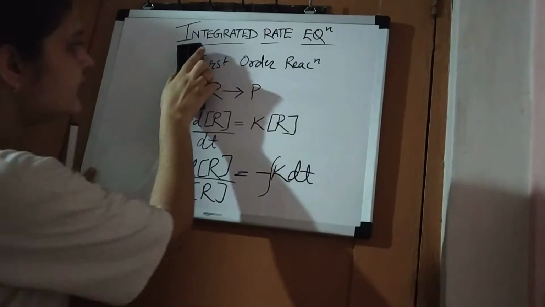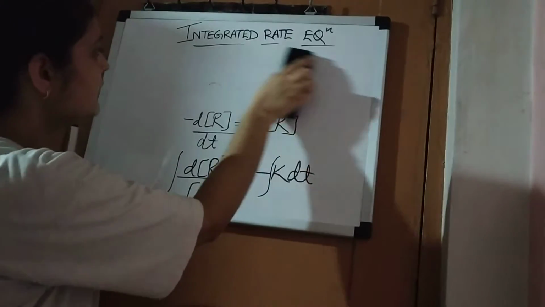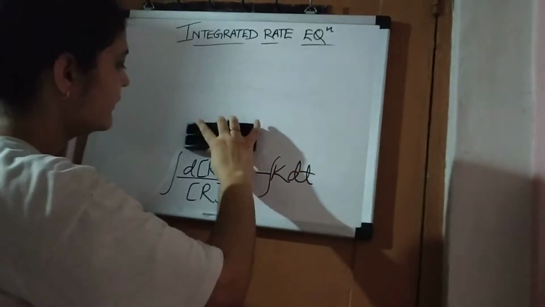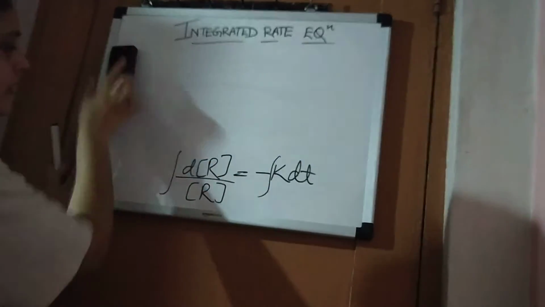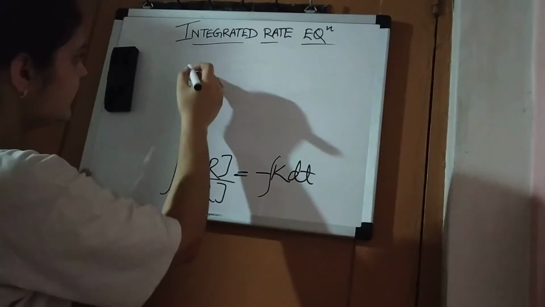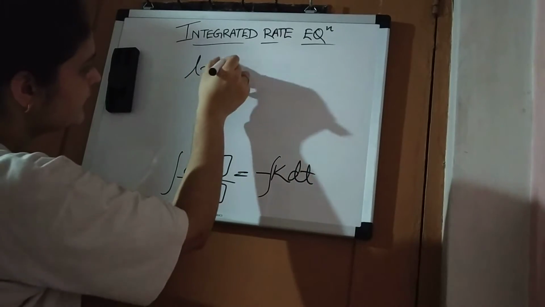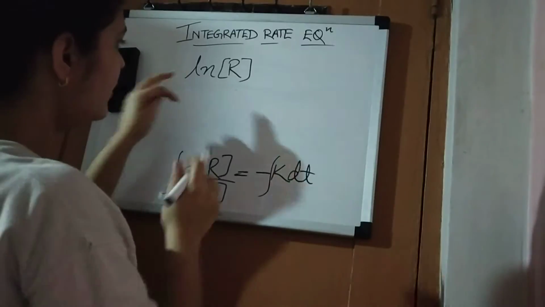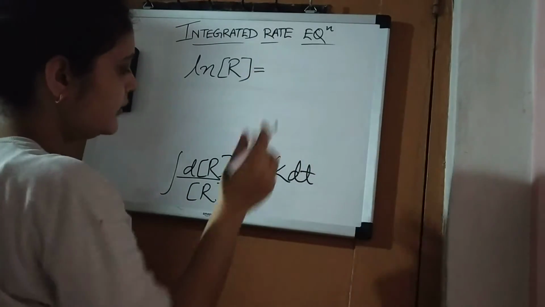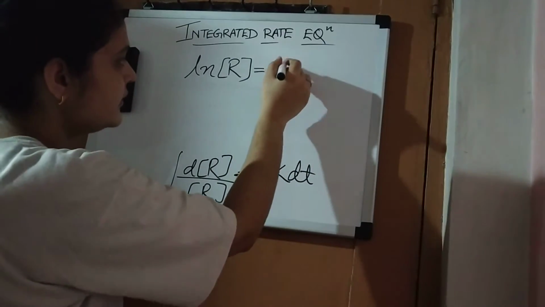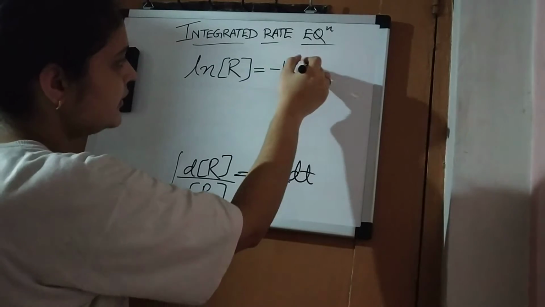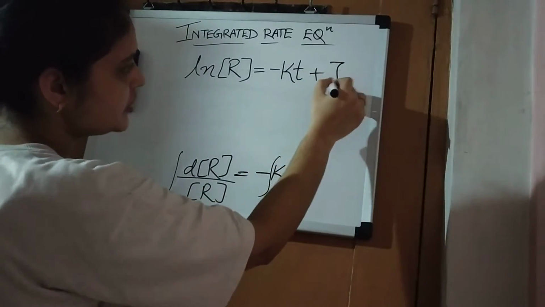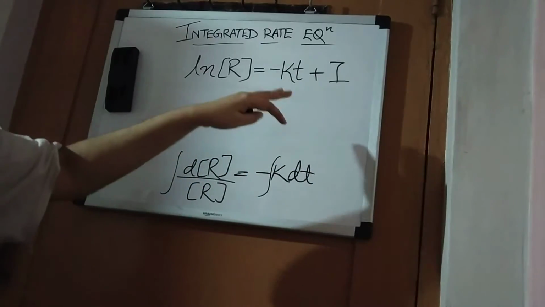So I will write it here. After integrating this term we will get ln R, this is log, and after integrating this we will get minus kt plus the integration constant. I is the integration constant.